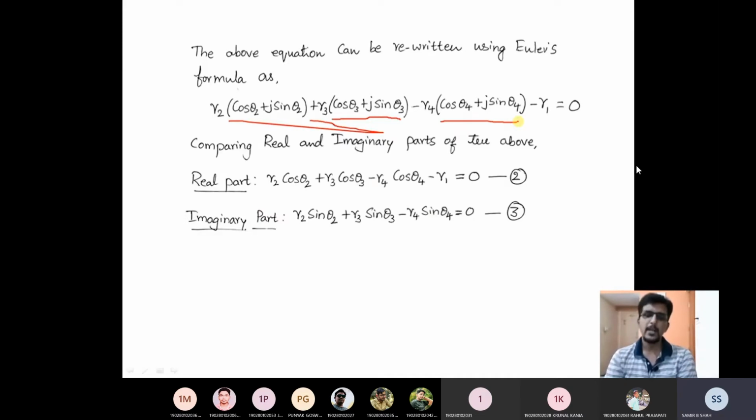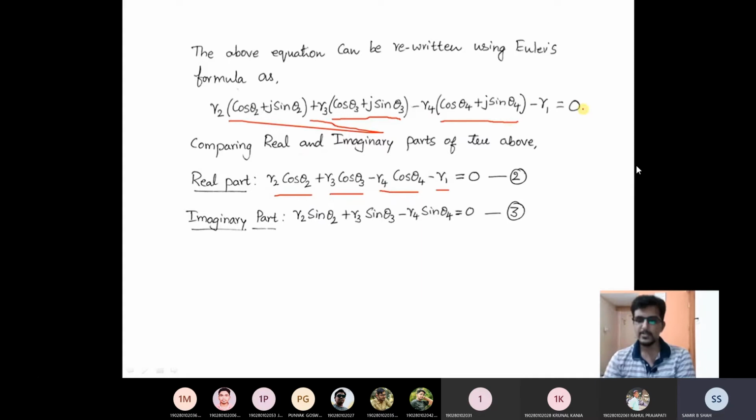Right. So now let me compare the real and imaginary parts from the above. If a function has a coefficient of j, it becomes an imaginary part. If it has no coefficient of j, it becomes the real part. So in the above, r2 cos theta 2 becomes the real part, r3 cos theta 3 becomes the real part, minus r4 cos theta 4 becomes the real part, minus r1 becomes the real part.